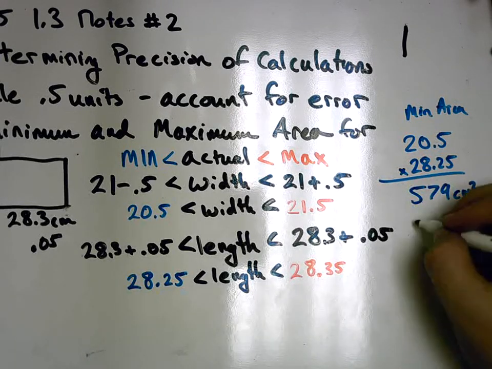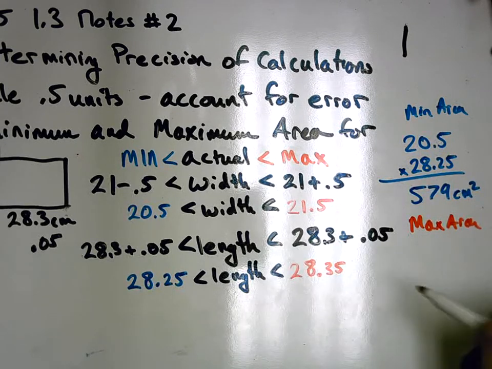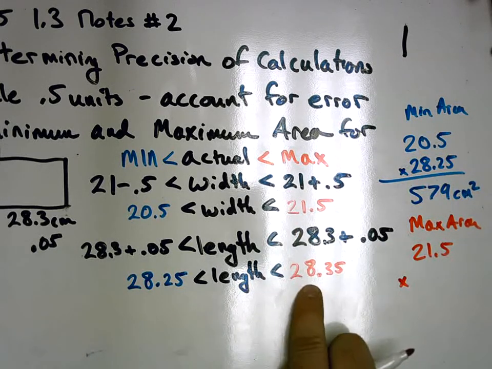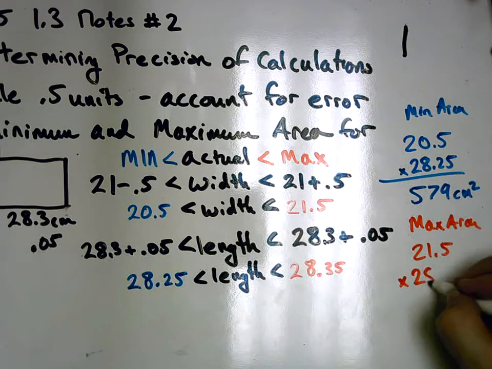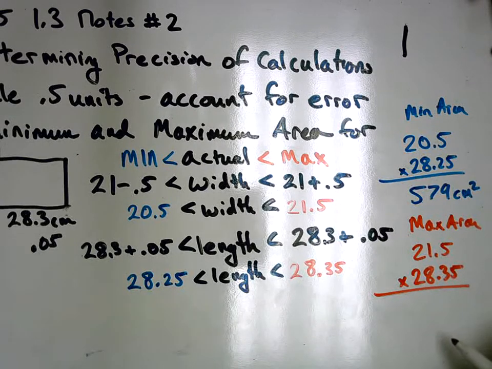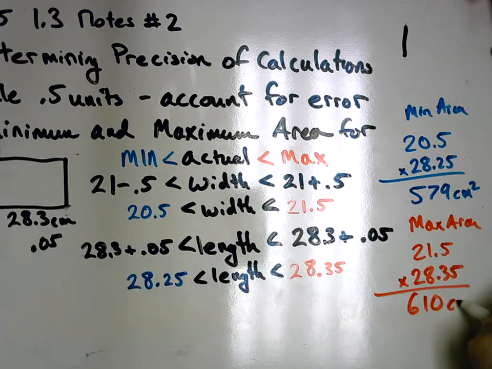For the max area, right, you multiply the maximum width, 21.5, times the maximum length, 28.35. Multiply those two things, and you should get 610 centimeters squared.